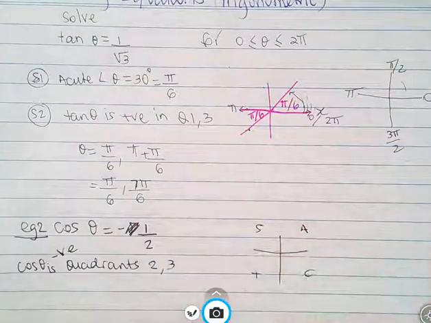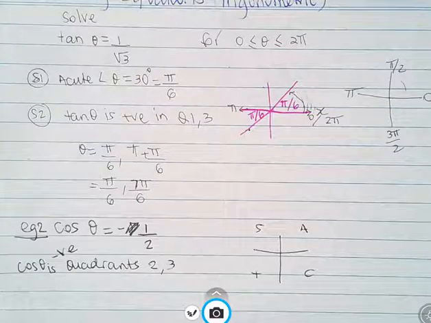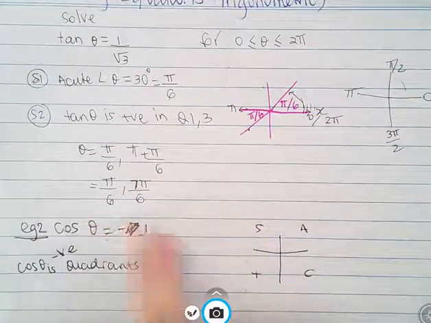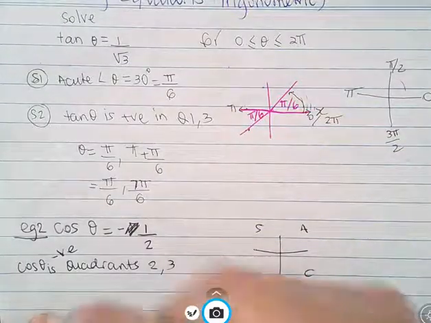Then we need the acute angle. The negative only tells me the quadrants, then pretend the negative's not there. Cos of what is 1/2? Cos of 60, that's right.